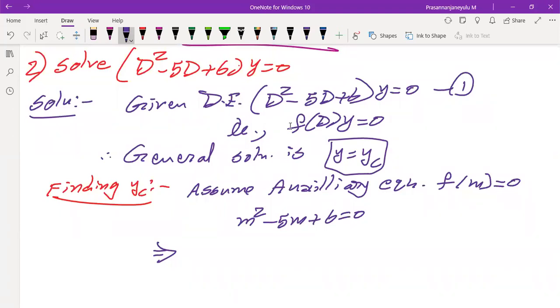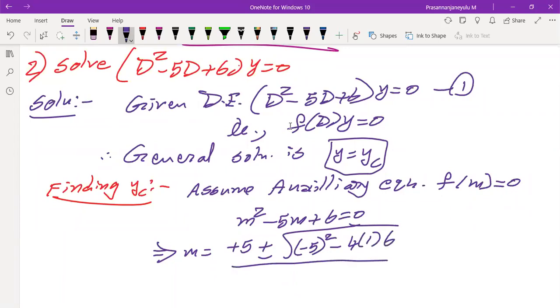So I am finding m, using ax square plus bx plus c equals 0, roots x equals minus b plus or minus root of b square minus 4ac by 2a. What is the b value? Minus 5, so minus b is 5, b square is minus 5 whole square, minus 4ac: a value is 1 and c value is 6, by 2 into a value 1.